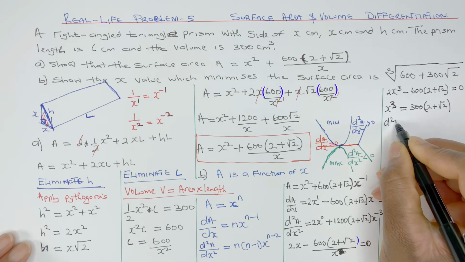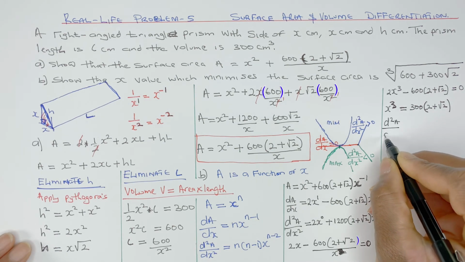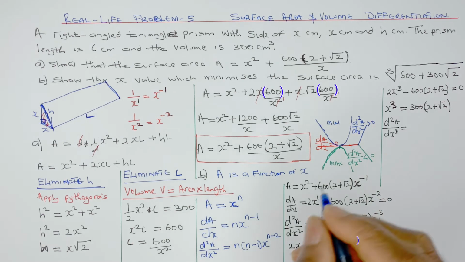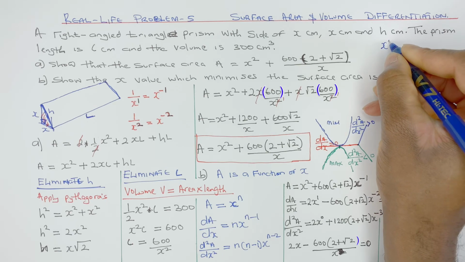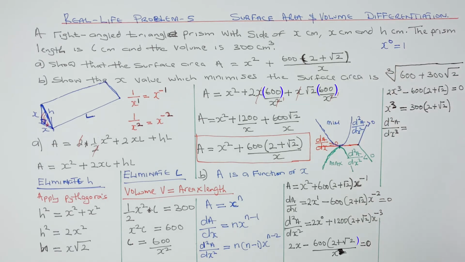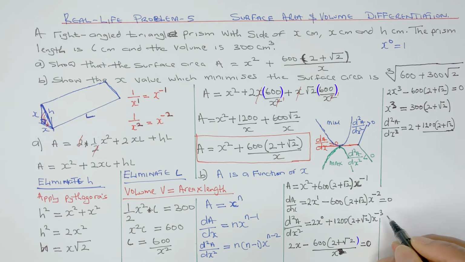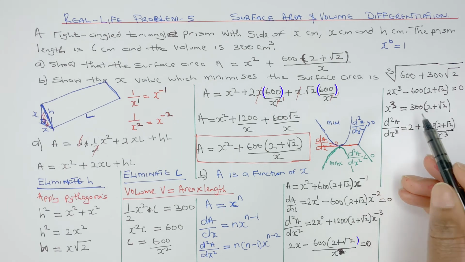Now for d²A/dx², I know x to the power 0 equals 1, anything to the power 0 is 1, over x cubed. So you can see that x cubed can go in there.